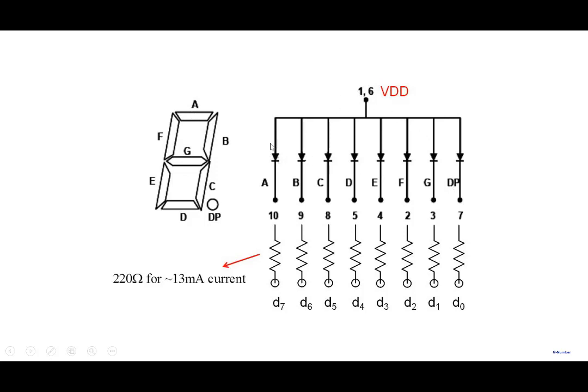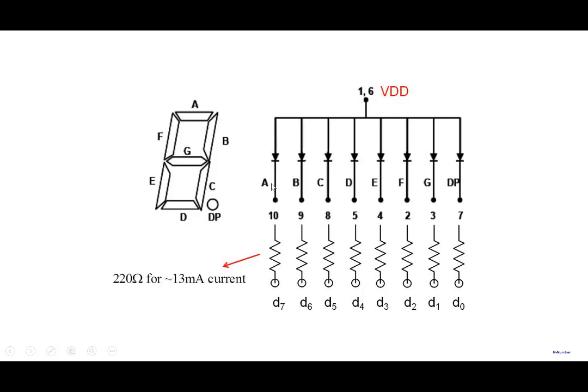One terminal is connected, in this case the anode is connected to a positive voltage VDD. And we have these resistors that are there to control the amount of current. Depending on these terminals, whether you ground them or you make them positive, the LED will turn on. For example, if I make D7 as 0, I connect it to ground, then this particular LED is forward biased. There's a positive voltage here.